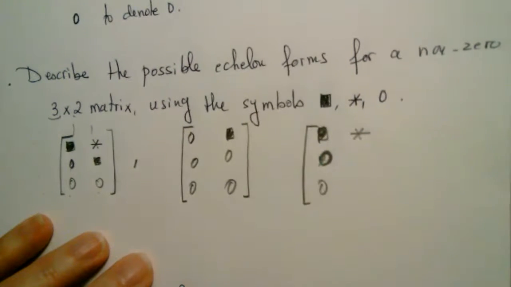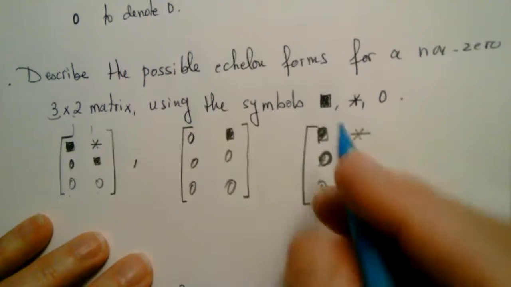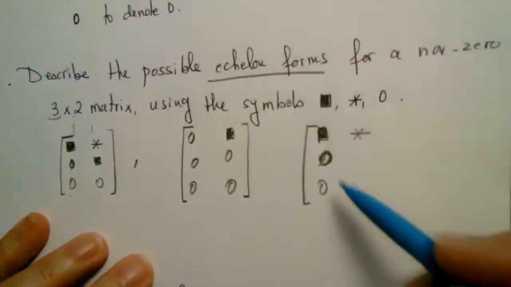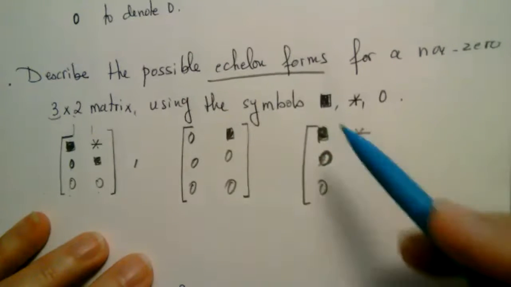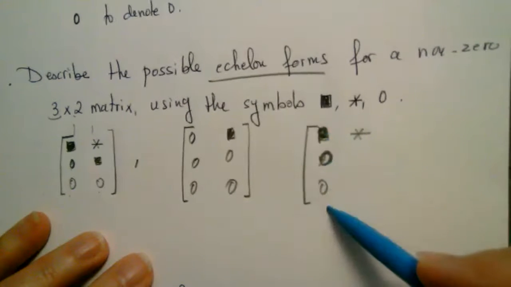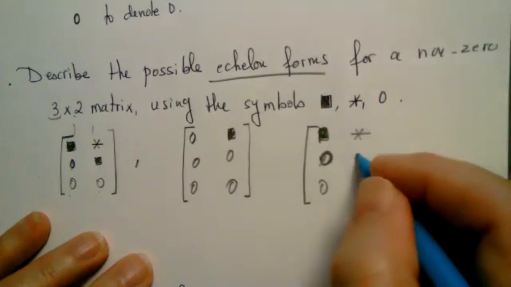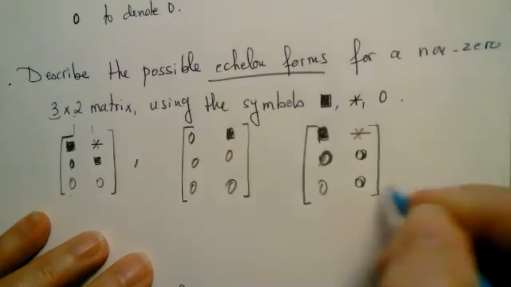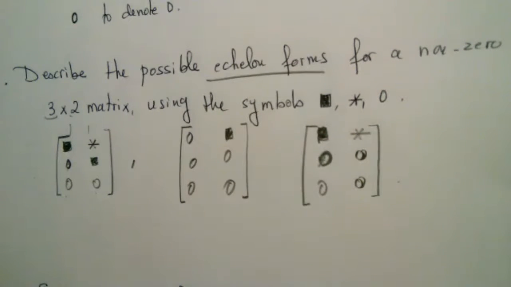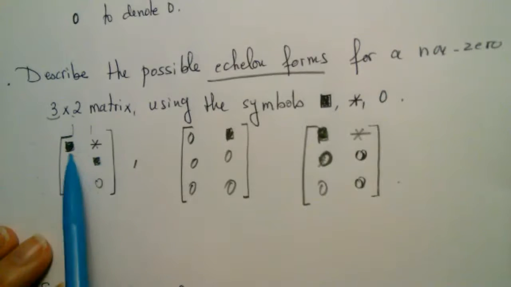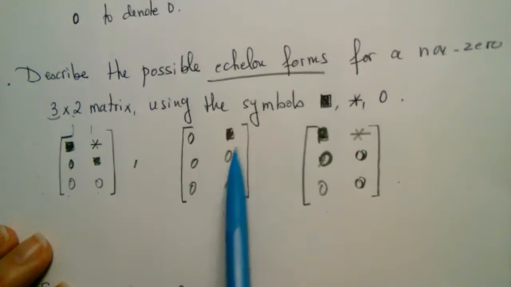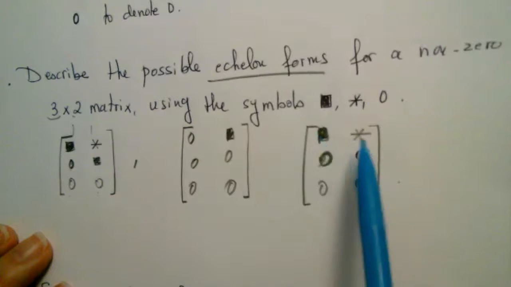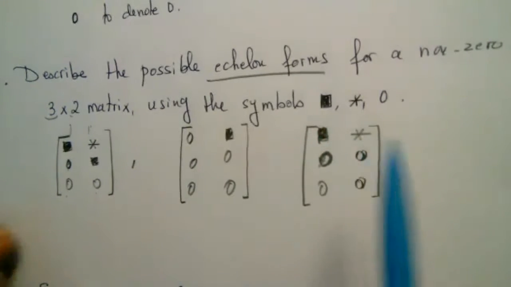Otherwise, it will be wrong, because once you have a leading entry, you are in echelon form, and everything below has to be 0. Star, and then 0, 0. This is also a possibility. So that's one possibility, two leading entries. Another possibility, one leading entry. A third possibility, leading and non-leading. So these are the possibilities.